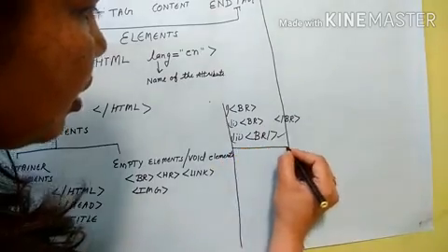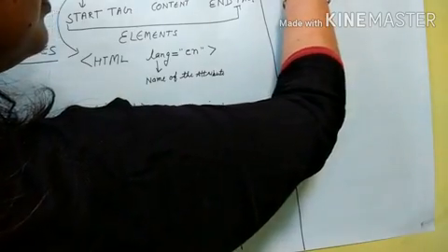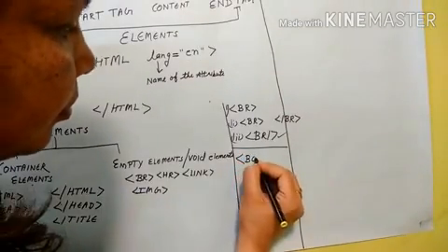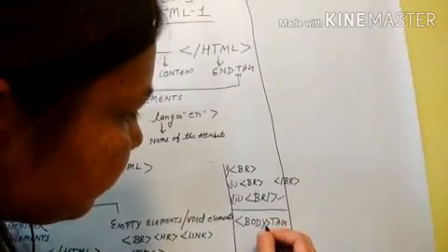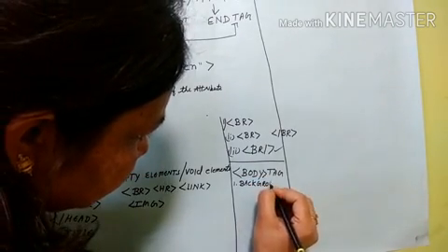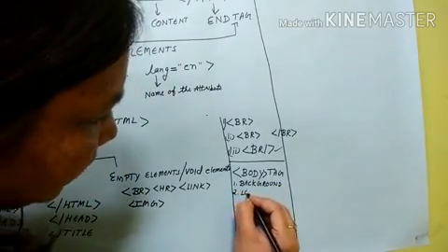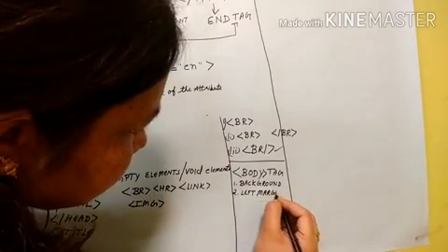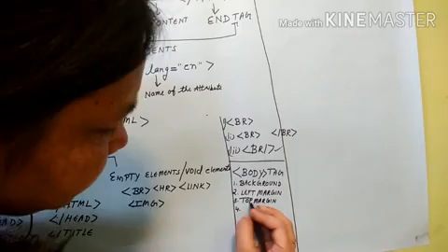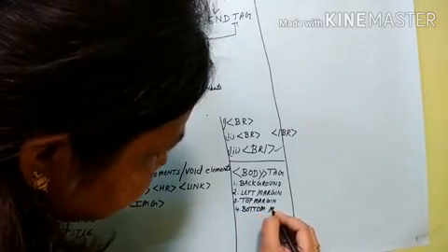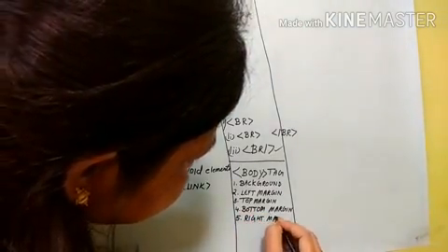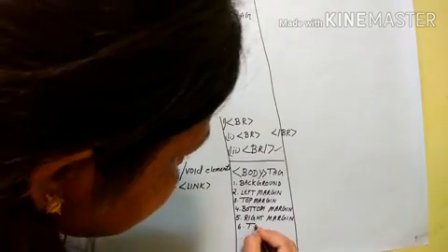The body tag's attributes are: first is background, second is left margin, third is top margin, fourth is bottom margin, fifth we have right margin, and one more is text.